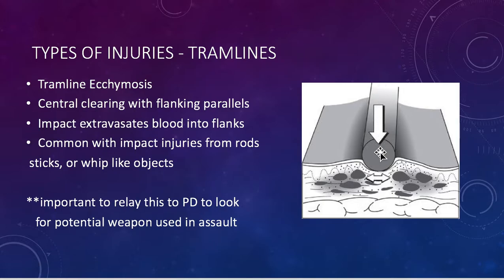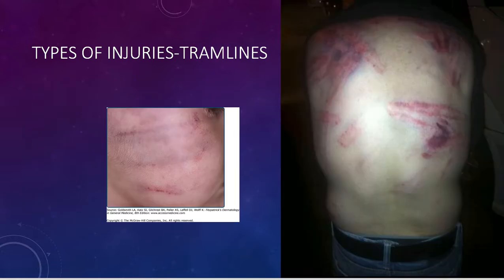It's coming down on the skin with such force that it's pushing blood, or extravasation, into the parallel flanks. So you have a central clearing because it has pushed all of that blood into the parallel sides where that object is. It's really important to recognize this, so you can help law enforcement identify what type of object was used.